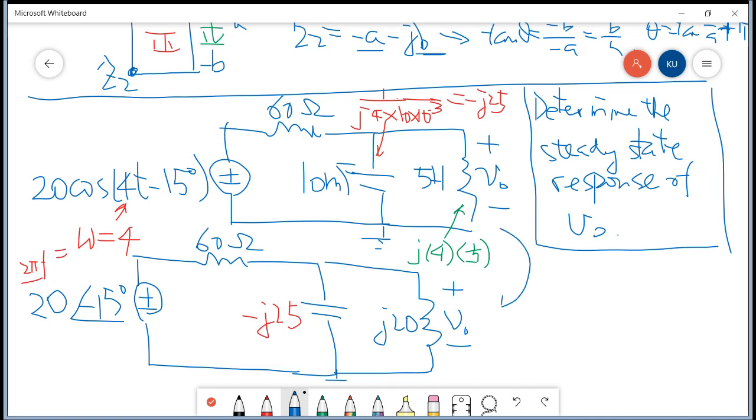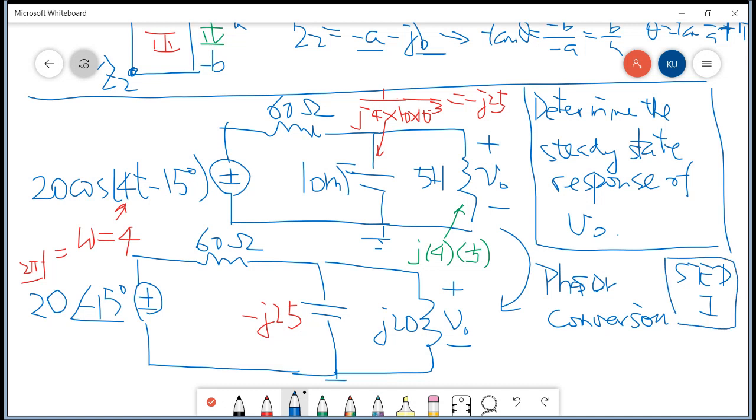So this is the phasor conversion, and this is supposed to be step 1. You convert the circuit into the phasor domain.